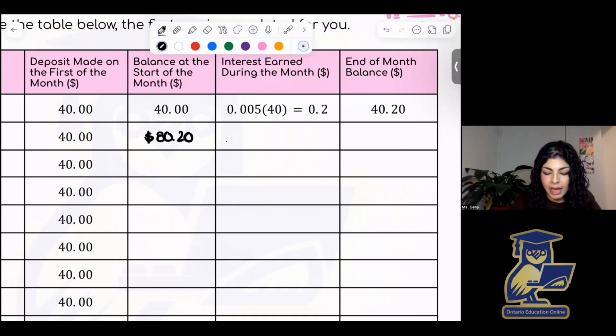Now I earn that same interest, but now on $80.20. And so I would get, oh, and only keep two decimal points because we're working with money, so it'll be 40 cents there or 0.4.